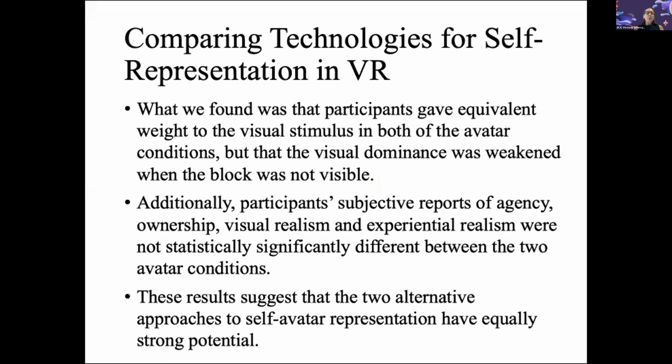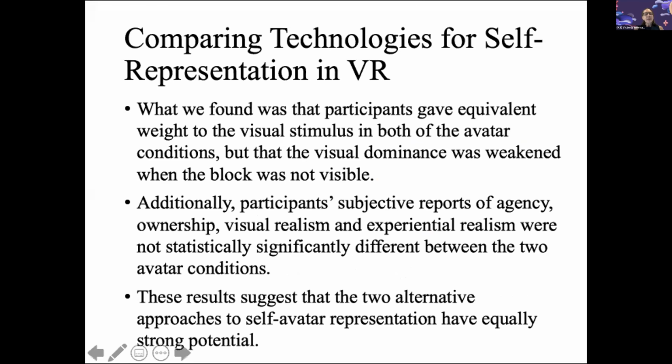So what we found, though, in the end, is that participants really gave equivalent weight to the visual stimulus in both of the avatar conditions. And as might be expected, the visual dominance was weakened when the block wasn't visible. So we knew that our technique was working. It just wasn't differentiating the two different avatar types.